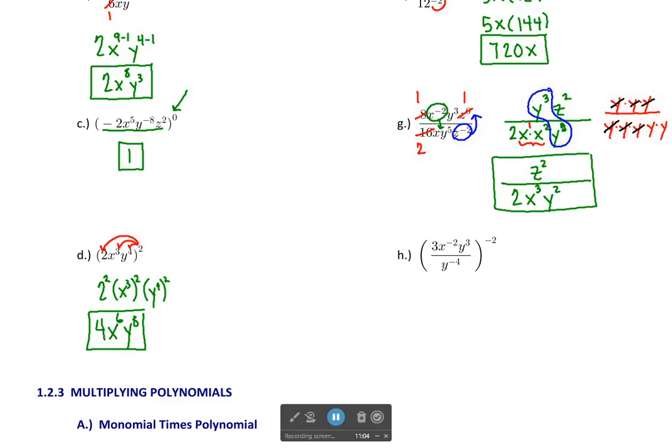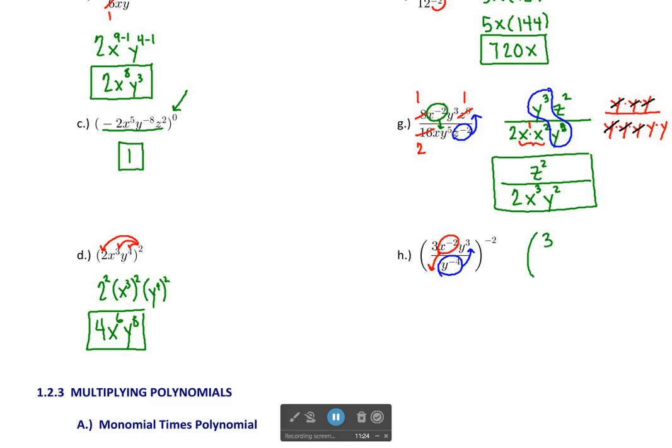For our last example here, I would begin by simplifying what's inside parentheses first. So executing the negative exponents, we're going to move the x to the negative 2 downstairs, and we're going to move y to the negative 4 upstairs in the numerator.